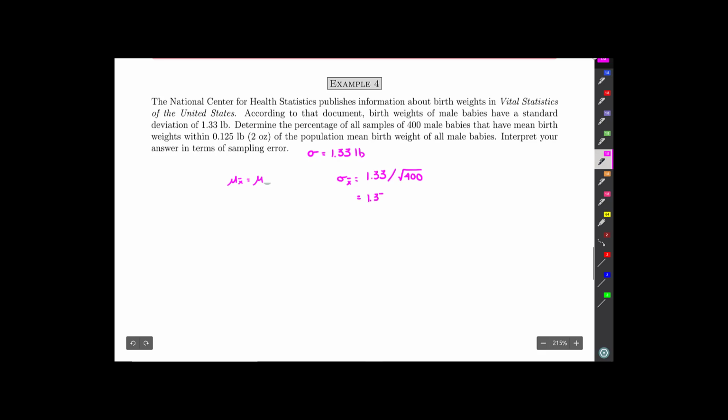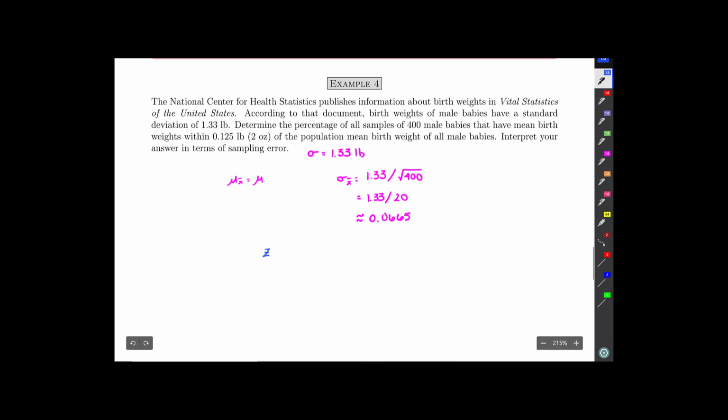So we get 1.33 divided by 20, and that's approximately equal to 0.0665. We can take the sample standard deviation and use this to compute our z-scores.